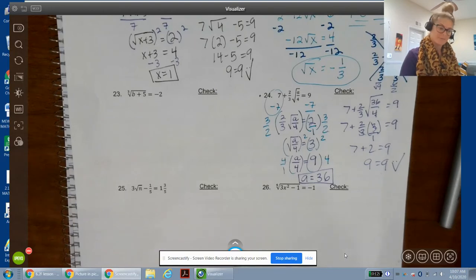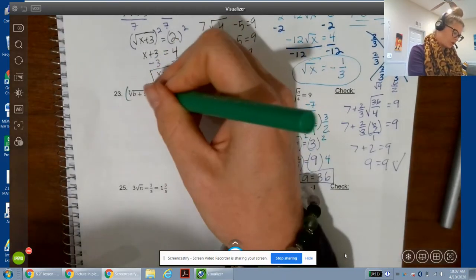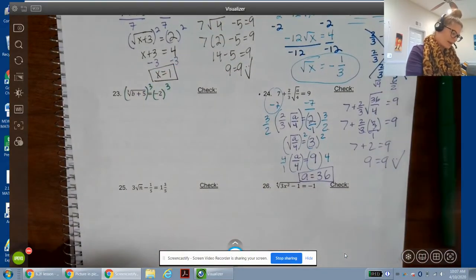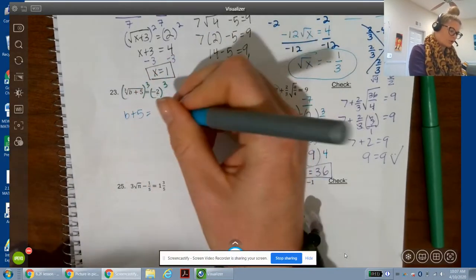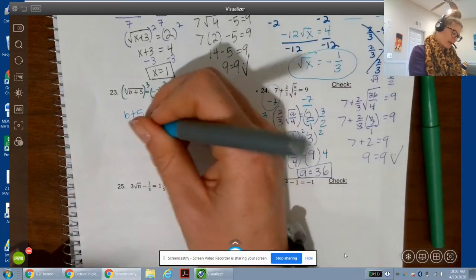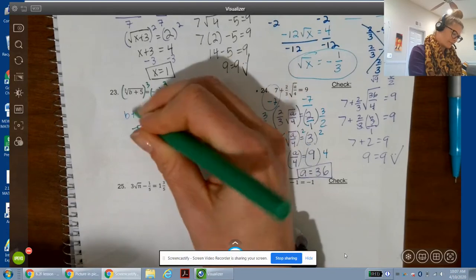Okay, let's see how you did. 23, undo cube rooting by cubing both sides. And we end up with b plus 5 is equal to negative 2 cubed, which is negative 8. Careful with your negatives. I'm going to subtract 5 from both sides.